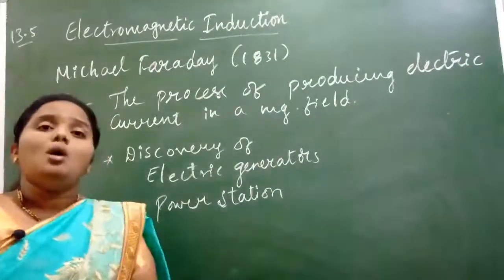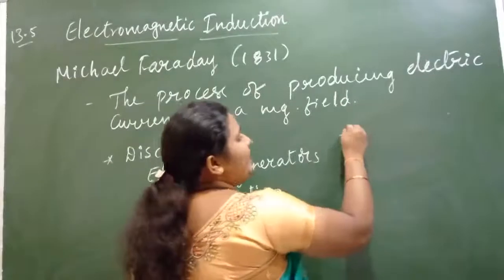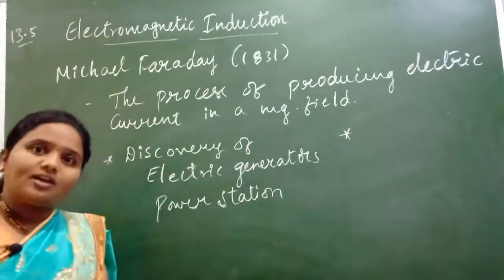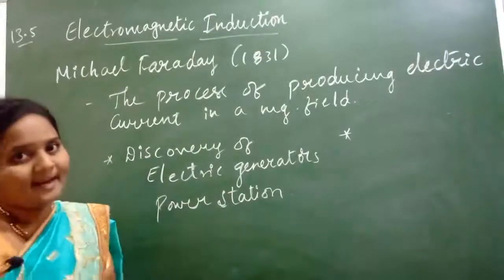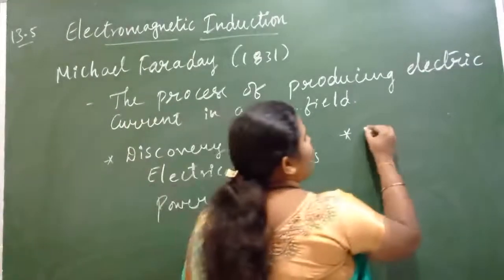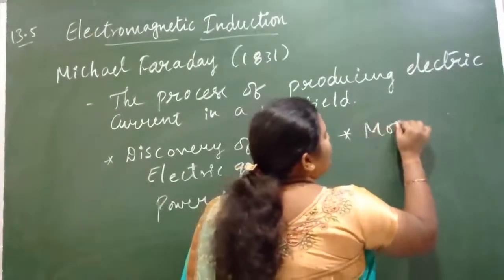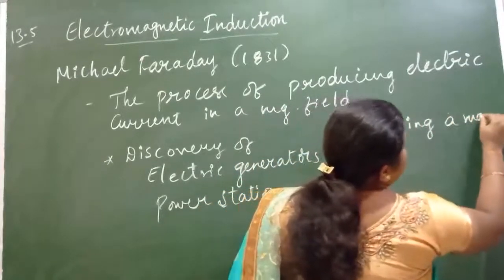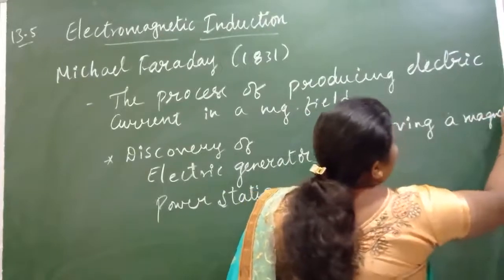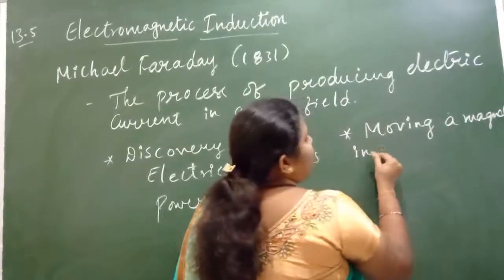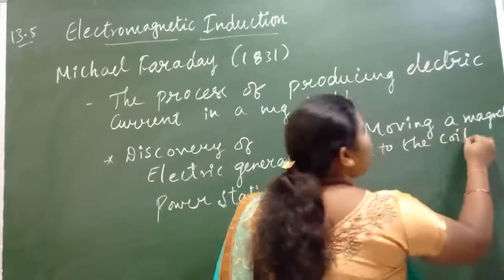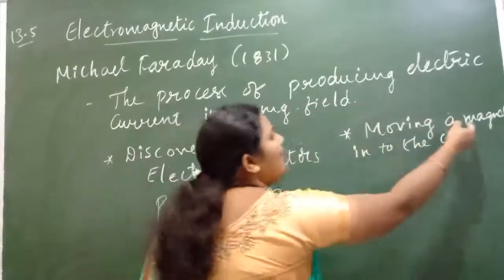There are two possibilities, children. One is moving a conductor in a magnetic field. That is, we can achieve it by moving a magnet into the coil, or moving a coil in a magnet.